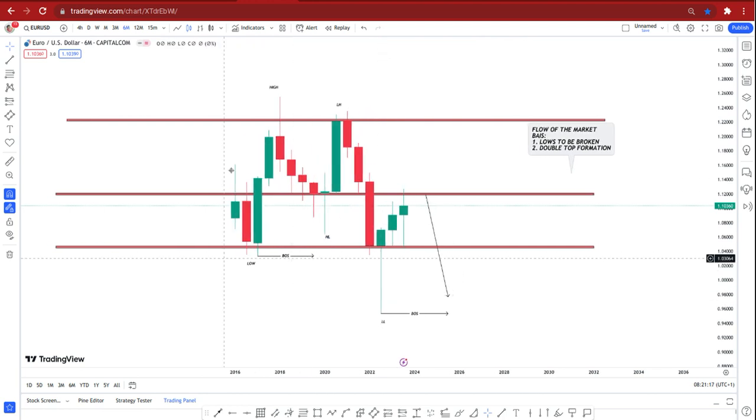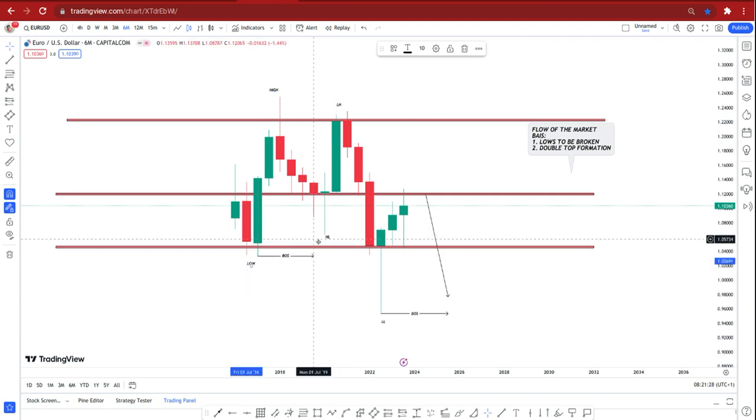Okay, so I have a high here. This is the first high, this is the first low. Here we have a higher low, we also have a lower high. Then we impulsively break down and take out this low to form a new lower low.